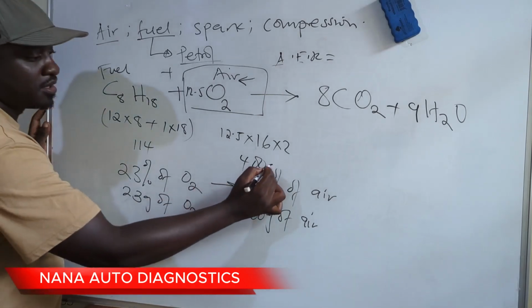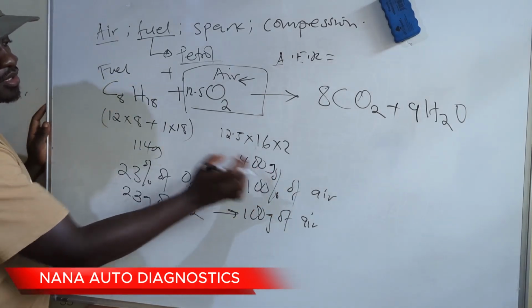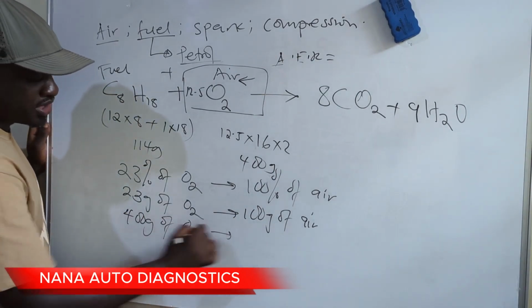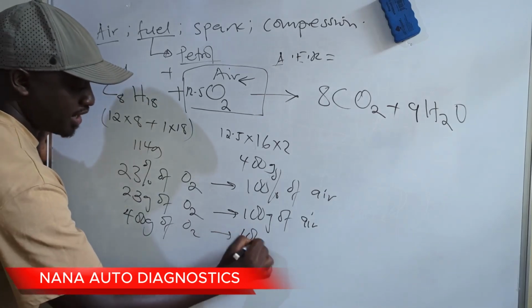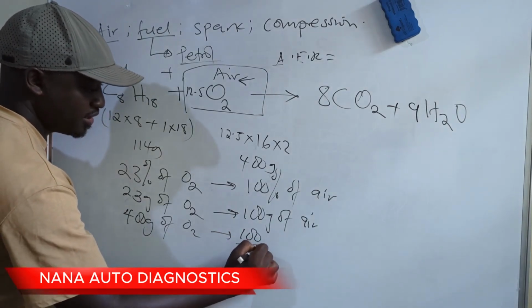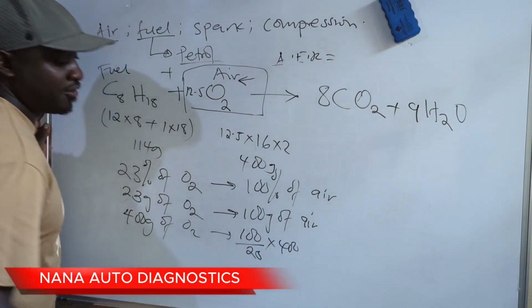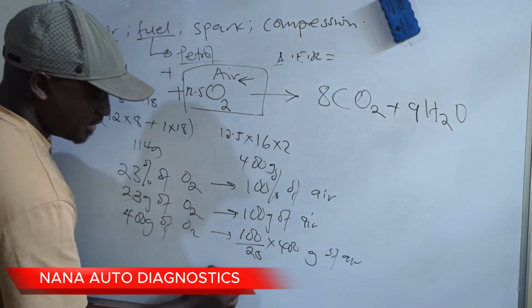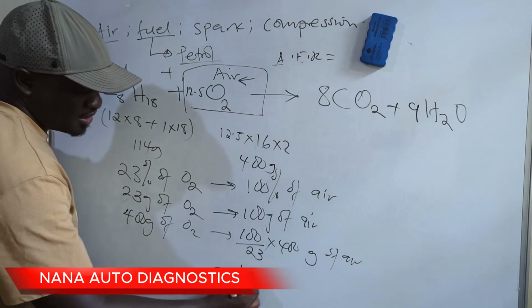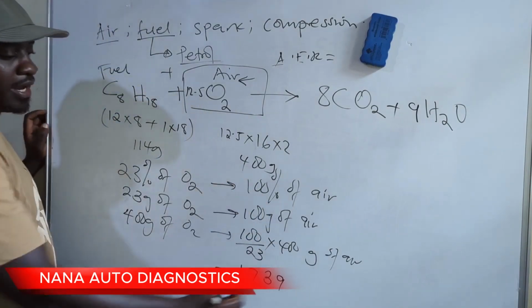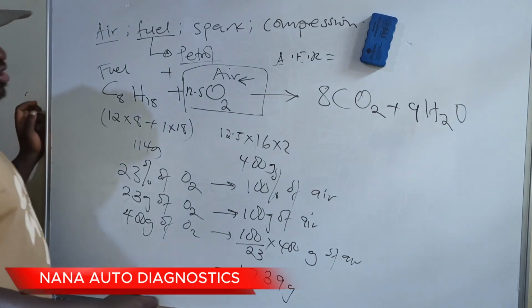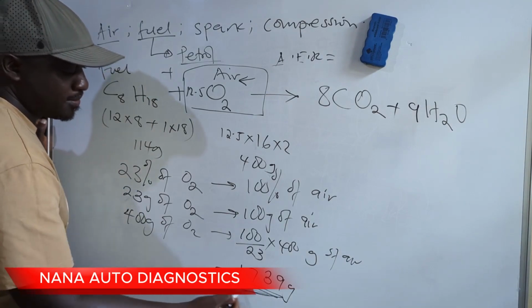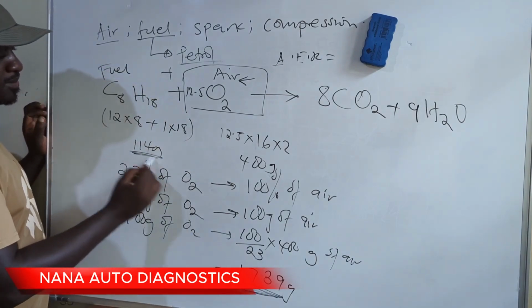Now, how about, remember these are in grams, how about the 400 grams? Now, the 400 grams of oxygen will mean we shall have 100 divided by 23 times 400 grams of air. This will give us 1739 grams.